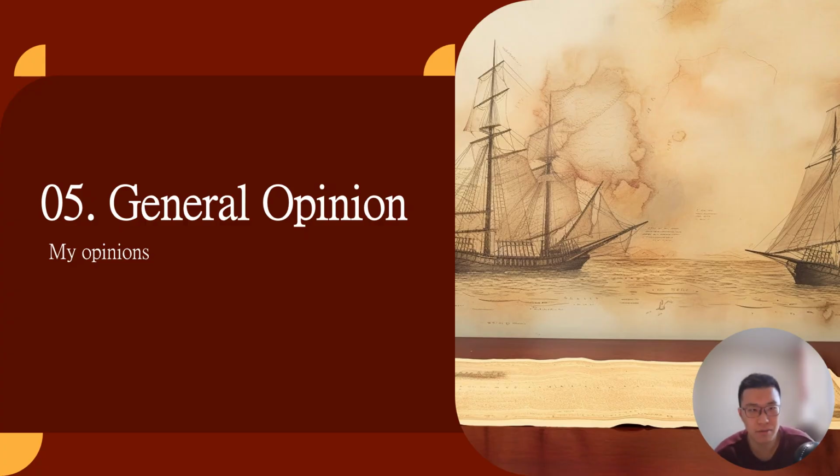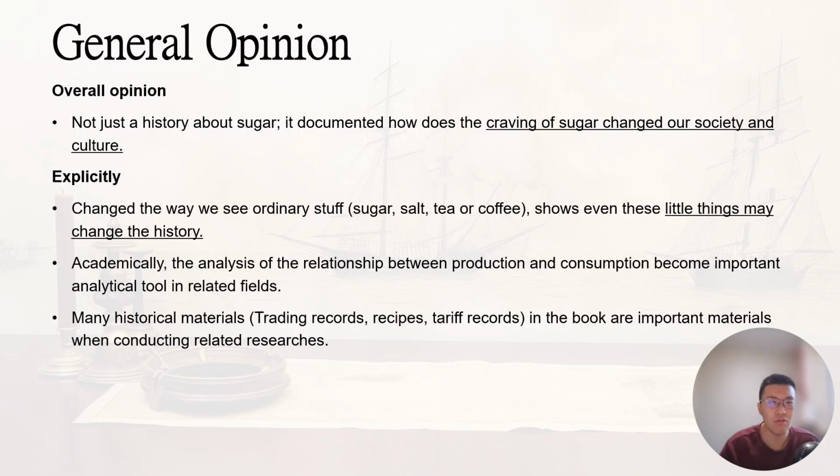And now let's talk about my general opinions of this book. Overall, I think this book is not just a history about sugar. The book is a documentation of how the craving for sugar changed our society and culture. To be more explicit, the book changed the way we see ordinary daily things such as sugar or salt or tea or coffee, all those things we see every day in our life.